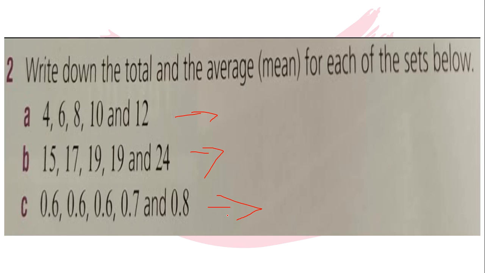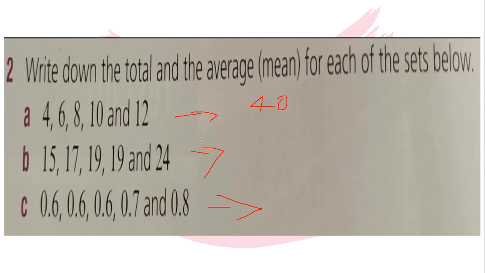The way I do this is you add everything, right, guys? So 12 plus 10 plus 8 plus 6 plus 4 would give me 40. Let's do that for everything.